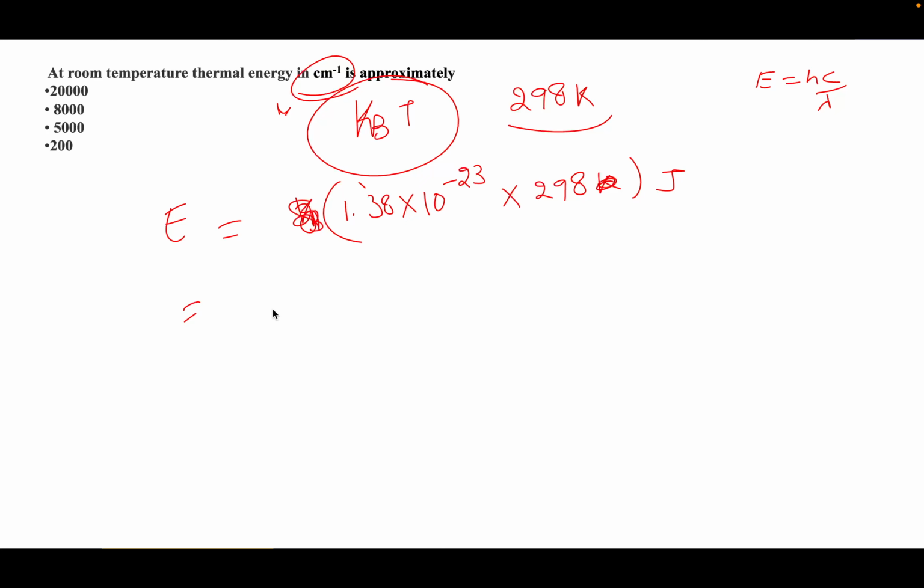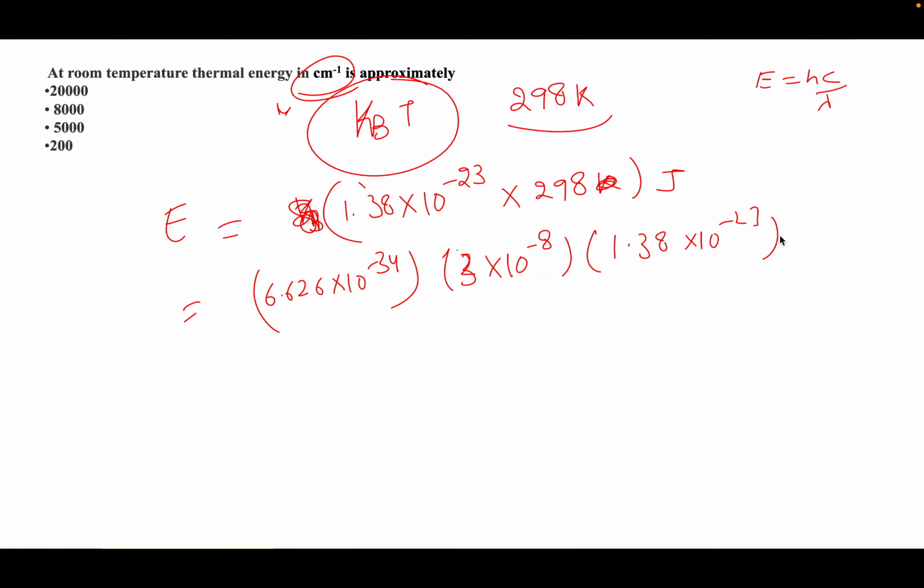So we use h, that is 6.626 into 10 to the power minus 34, and c, that is 3 into 10 to the power 8, and this one, 1.38 into 10 to the power minus 23 and 298. So this will give it in per centimeter.